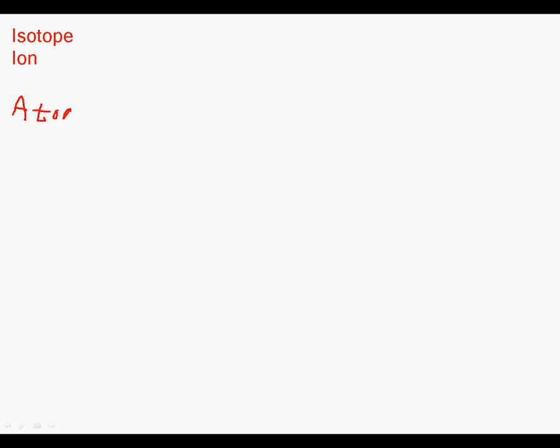So, an atom essentially has this definition: it has protons equaling neutrons equaling electrons.